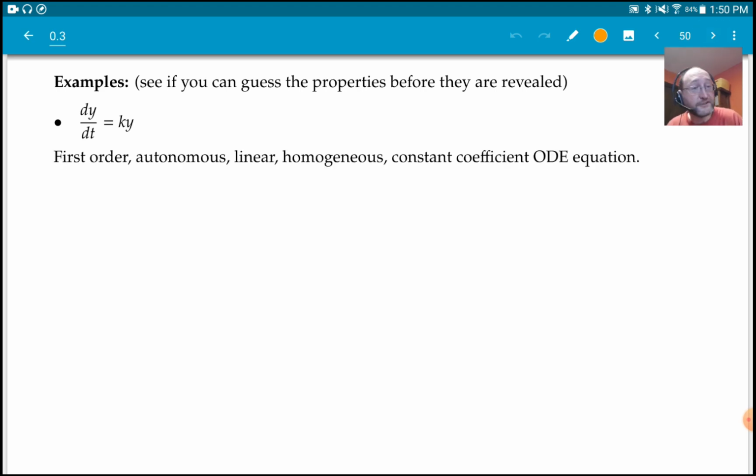All right, so it's first order, just a first derivative over here. It's autonomous because there's no t anywhere here, except we're taking a derivative, but that's fine. No other t appears in this equation. It's linear, because dy dt and y appear linearly in this equation. It's homogeneous because there's no function purely of t. That would include constants, by the way.